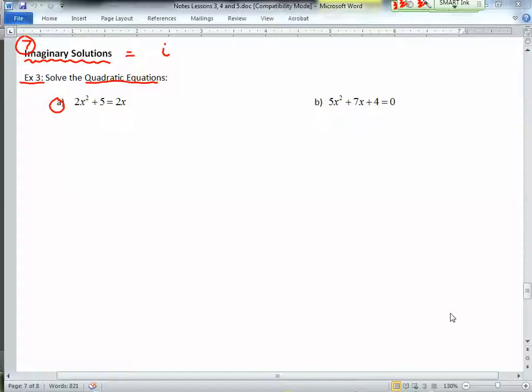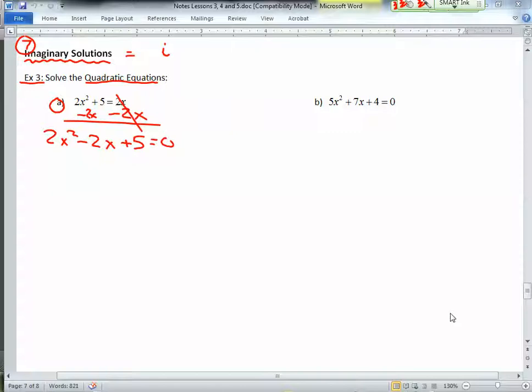So to do that, I need to subtract 2x to get everything over to one side so that I have 0 on the other side, all right? I do that to both sides. I end up with 2x squared minus 2x plus 5 equals 0.